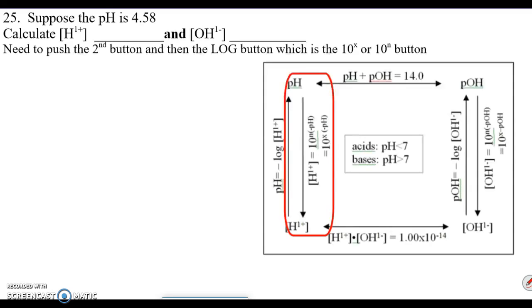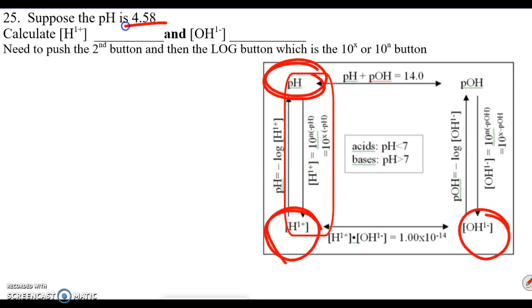Question 25. Suppose your pH is 4.58. Now calculate the hydrogen ion and hydroxide ion concentrations. So in this problem, we're going from there down to here, and then over to here. So to do that, the hydrogen ion concentration formula is right here.